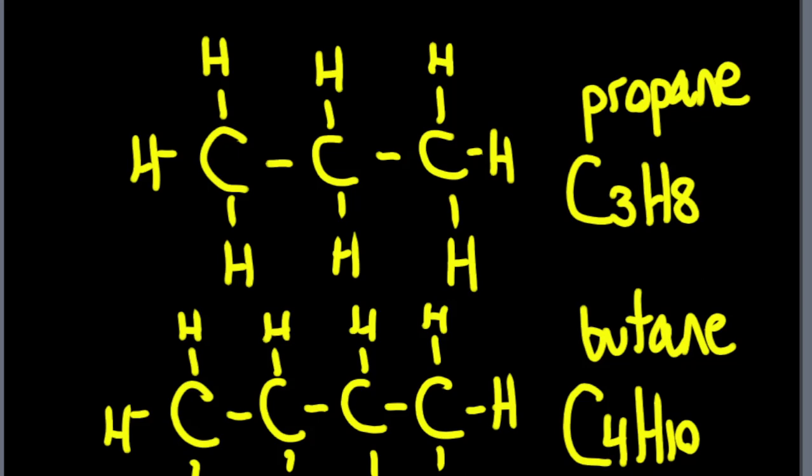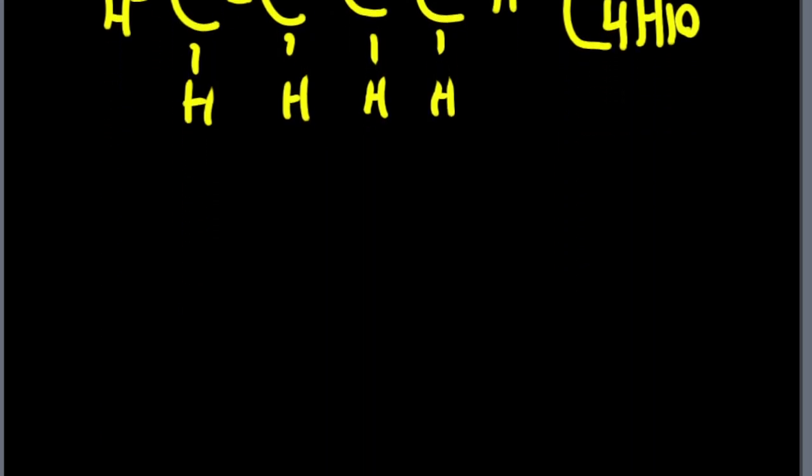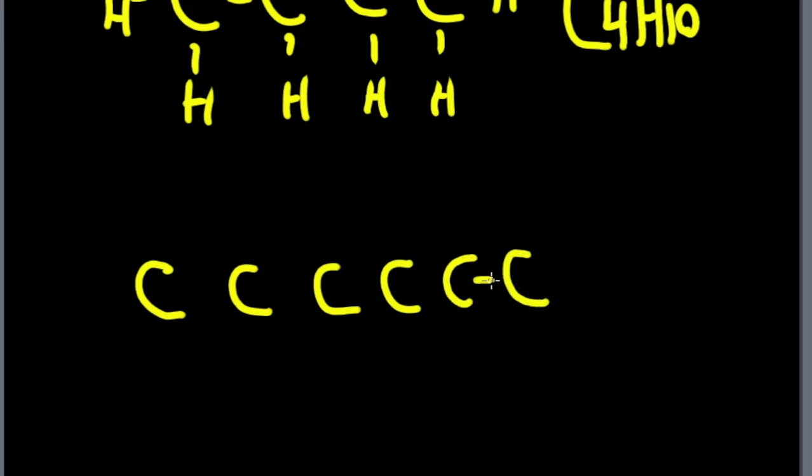Alright, so let's do a few more. What if I had 6 carbons? 1, 2, 3, 4, 5, 6. And I have single bonds in between all those, and put all my hydrogens there.